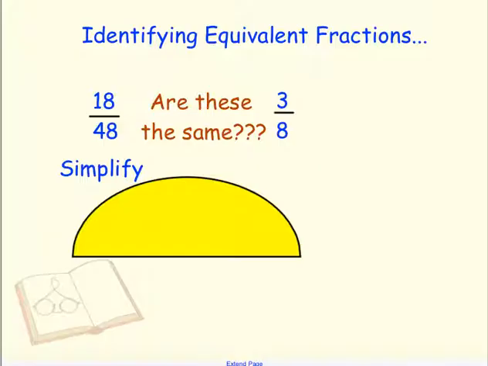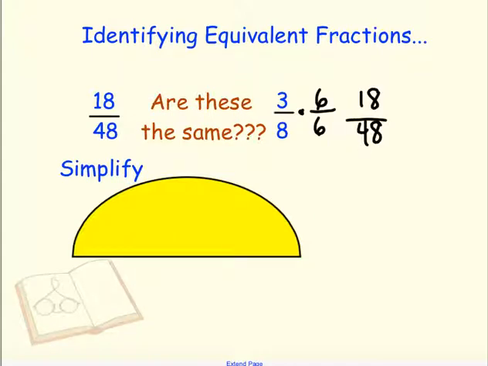All right? Now, if we look at something like 18/48 and 3/8, are these the same? Well, they sure don't look the same, but there's a couple of ways to show that these are equivalent fractions. One is to say I could take this 3/8 and try to find a denominator of 48, and we could do that by multiplying by 6 over 6. So we get 18 over 48.